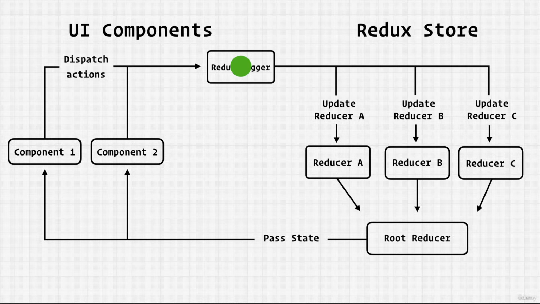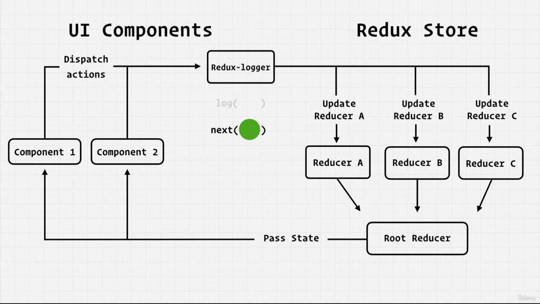And just like any middleware, it's going to go through a sequence of steps. The first thing that it's going to do is perform some logic with the action. In this particular case, it's going to log that action in that format that we saw. Then what it's going to do is call next.